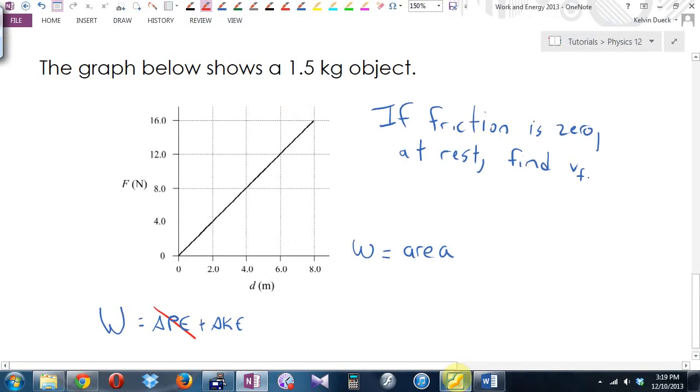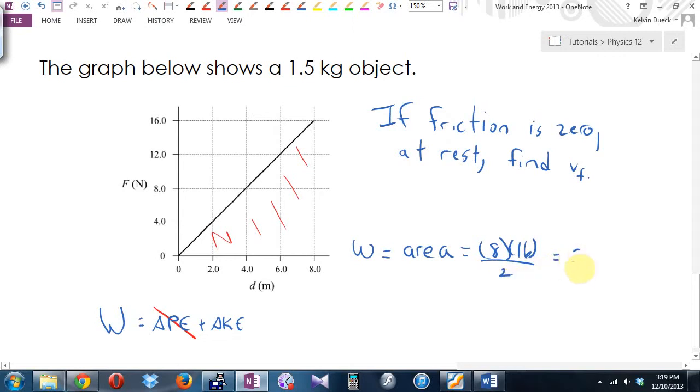What is the area? What shape is it? Triangle? What's the area of a triangle? You know, the number of kids that go, oh, it's going to be 8 times 16. That's the area of a rectangle. Drives me crazy. What's the area of a triangle? It's base times height, what?